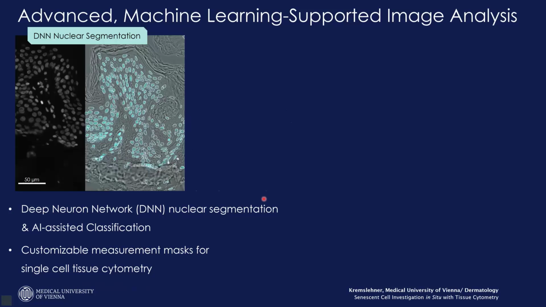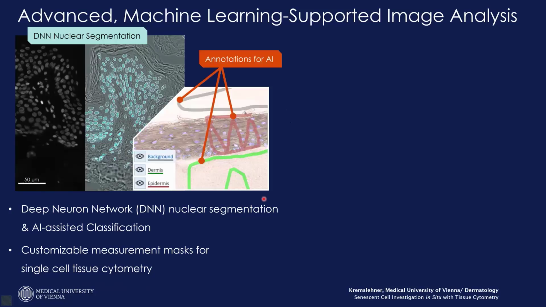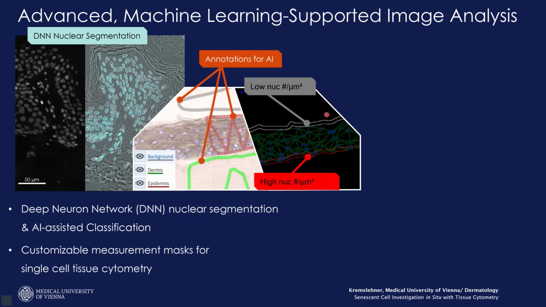We use neural network nuclear segmentation in combination with user-guided AI classification to detect the epidermis in our sections. In the contour of the epidermis, we measure the nuclear density, and by this distinguish between the basal layer, which is nuclear rich, and the stratum corneum, which lacks nuclei.